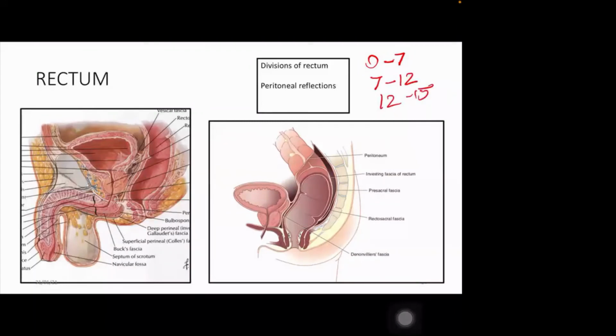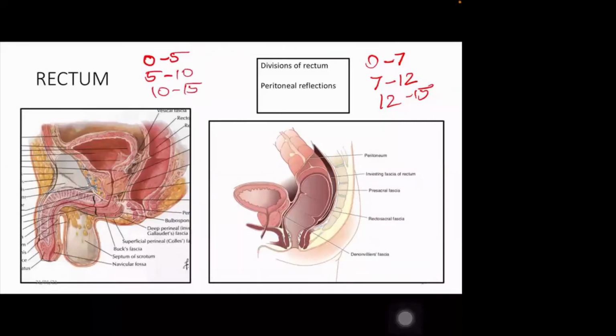But recently, in the oncological aspect, when you're doing an MRI classification of the rectum, how do you divide lower, mid, and upper rectum? 0 to 5 centimeter is lower rectum, 5 to 10 centimeter is middle rectum, 10 to 15 centimeter is upper rectum.